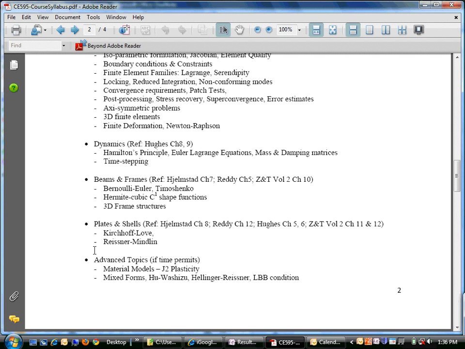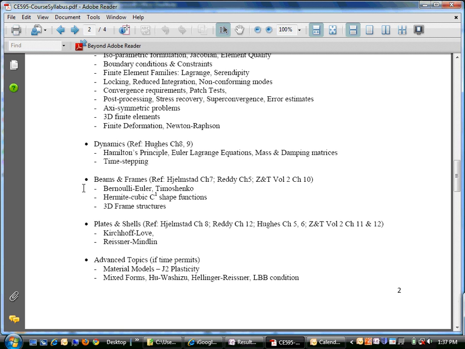Can anybody take a guess about what the similarities or differences are between structural mechanics and solid mechanics or continuum mechanics? What makes a theory of continuum mechanics versus a theory of structural mechanics?